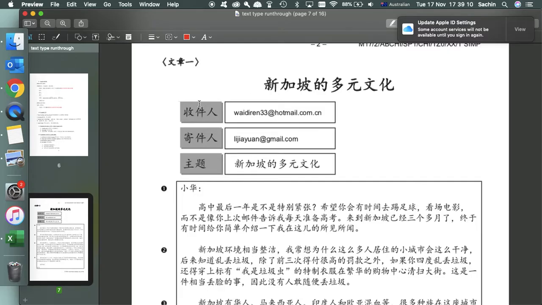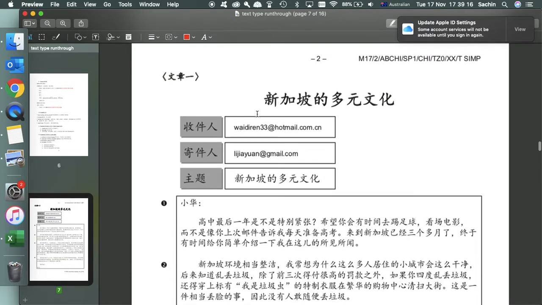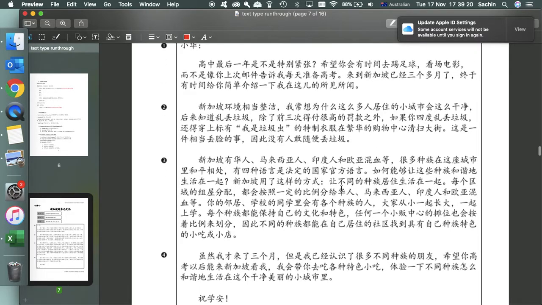So we have the receiver, the sender, the subject, but in a paper 2 exam, this thing would lose a mark instantly for the fact that they didn't have the time.